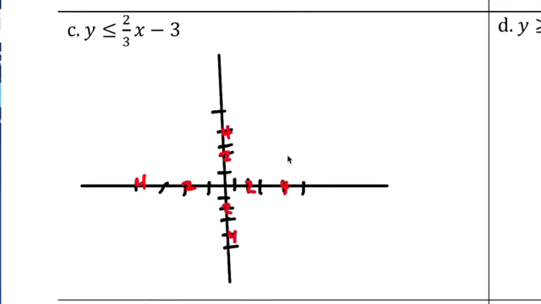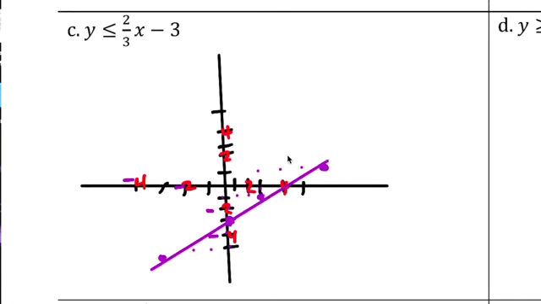So you're starting out at -3, which is right here. These are your negative numbers. You go up 1, 2 over 3. And then the other way around, down 2 over 3. And then you got a line.